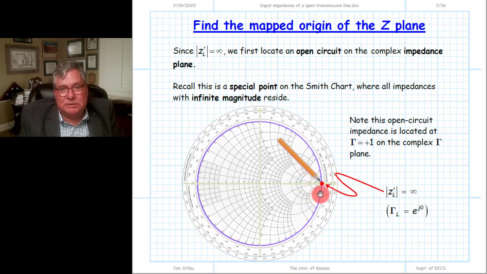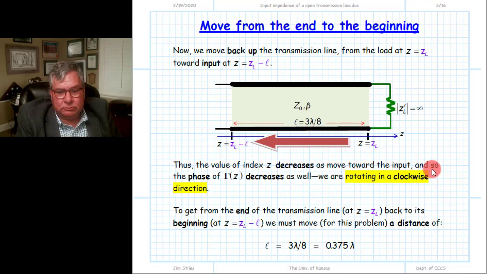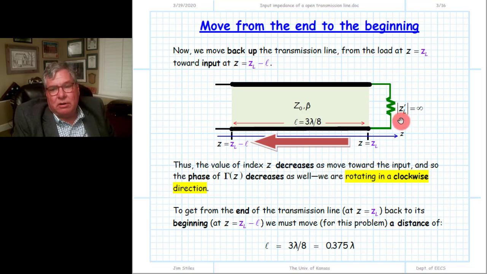So we merely put our pencil on the Smith chart at the value of gamma equal to 1 to begin. That is the location on the complex gamma plane of an open circuit impedance. So we've transformed our load impedance of infinity into a reflection coefficient of +1. And now we're going to parametrically plot the reflection coefficient on the complex gamma plane on the Smith chart.